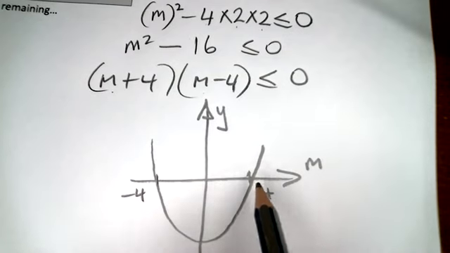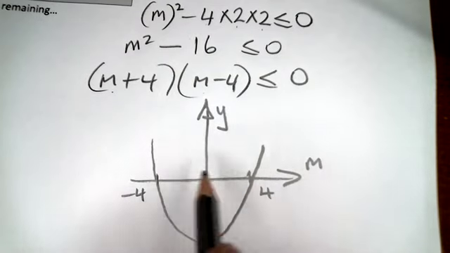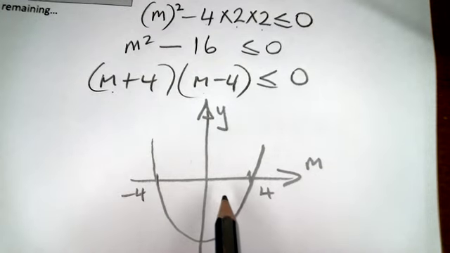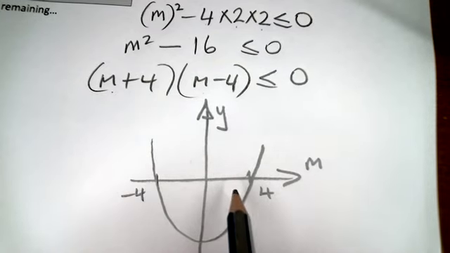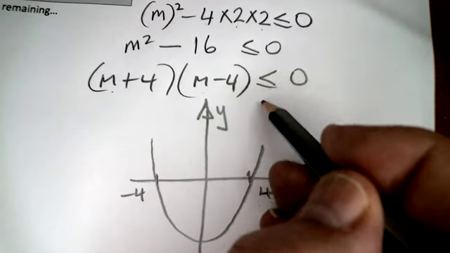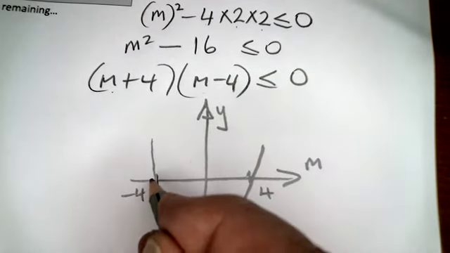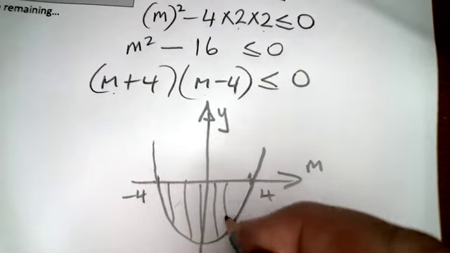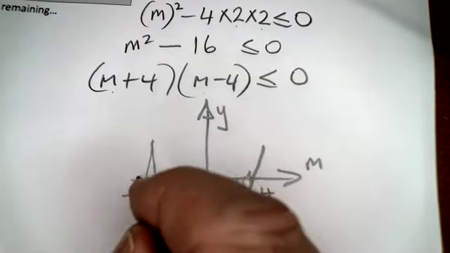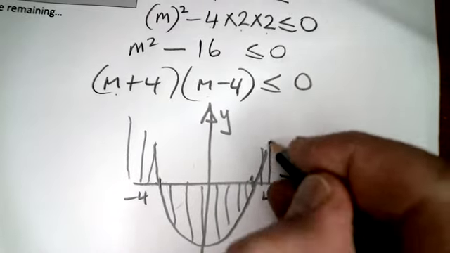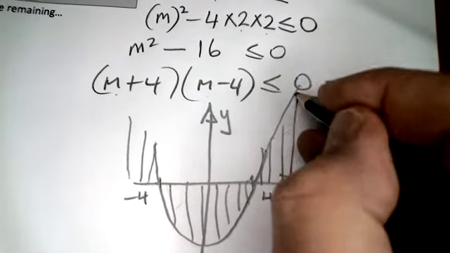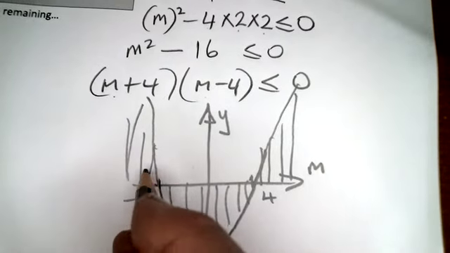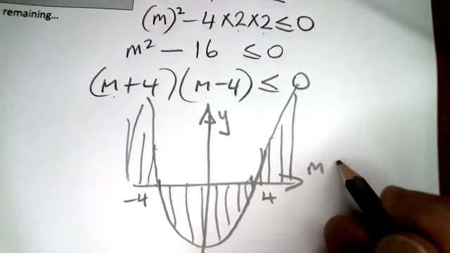What it describes is the range of values. What does this tell us? Because it's less than or equal to 0, it's either going to be at 0 or less than 0. These are the values that are less than 0. Over here are the values that are greater than 0, because the graph goes up here. We don't want the values greater than 4 or less than negative 4.